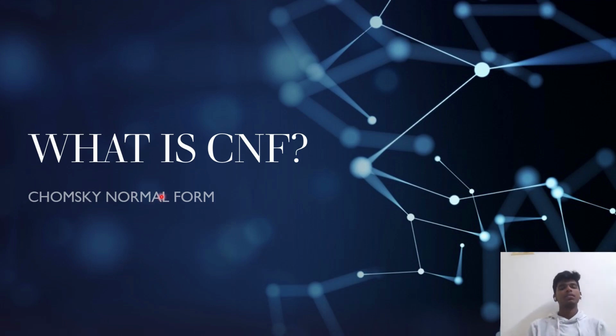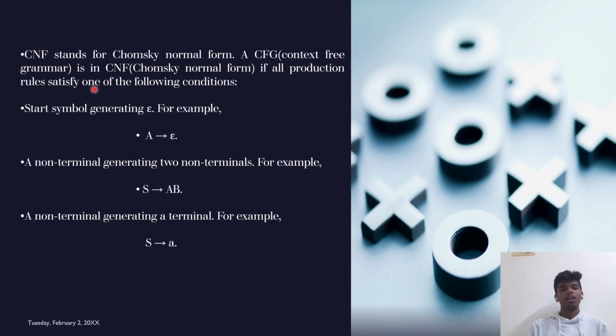And what is CNF? CNF is known as Chomsky normal form. And now we will see when a grammar is in CNF. A context-free grammar is in CNF if all production rules satisfy one of the following conditions. The first one is start symbol generating epsilon.